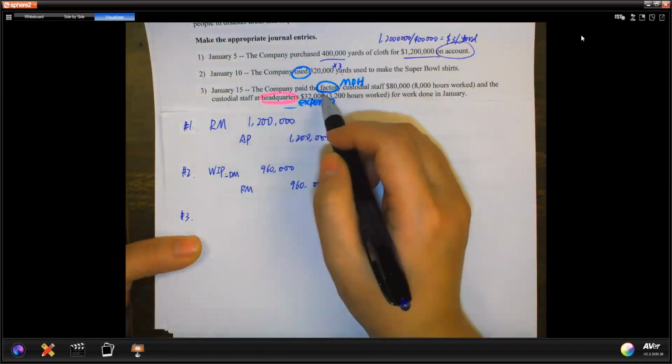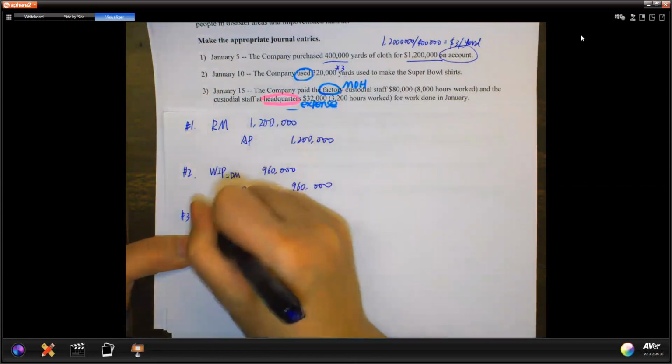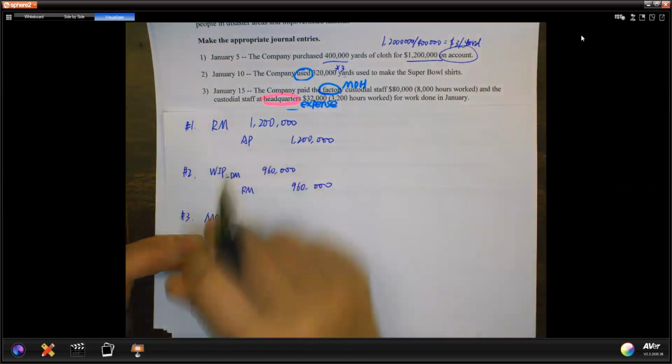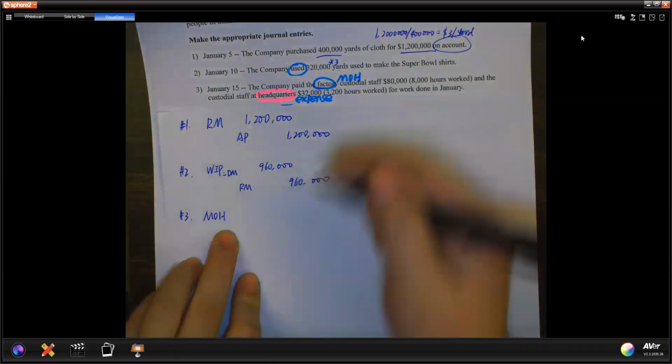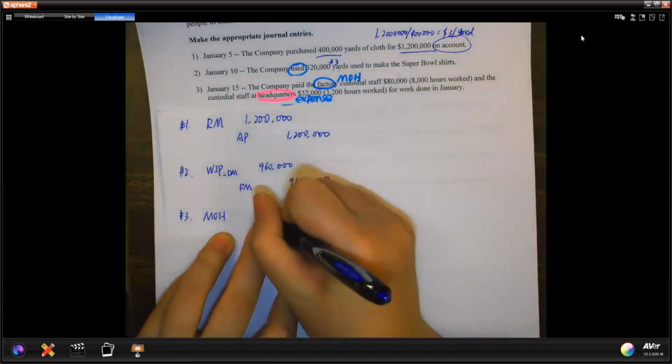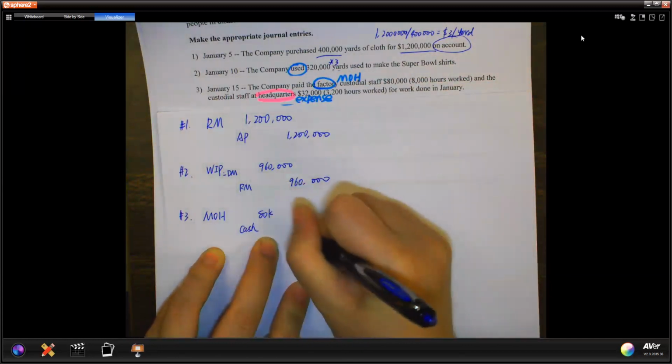When you pay the factory staff, you increase your manufacturing overhead. When it is really incurred, you put it to manufacturing overhead first. So that is 80,000, and you decrease your cash 80,000.